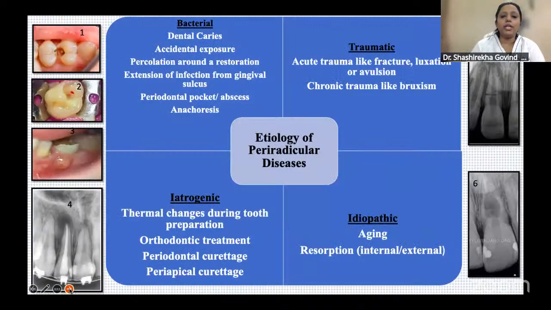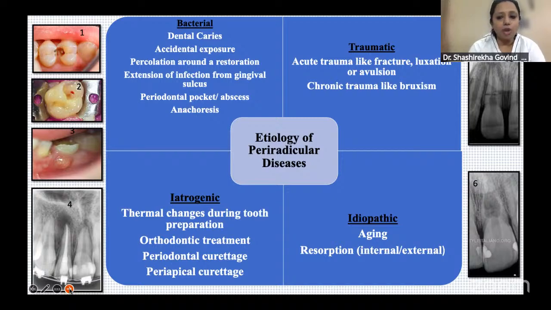Coming to the etiology of periradicular diseases, the common etiology is dental caries, then accidental exposure, percolation around a restoration, extension of infection from the gingival sulcus, periodontal pocket, and abscess, and anachoresis. Anachoresis is the infection which spreads to the bloodstream. The next most common is trauma, acute trauma like fracture, luxation, and avulsion.